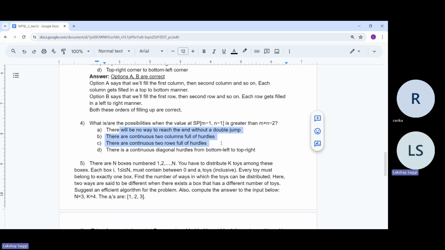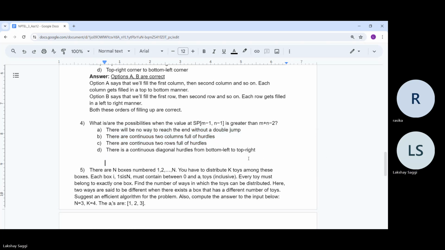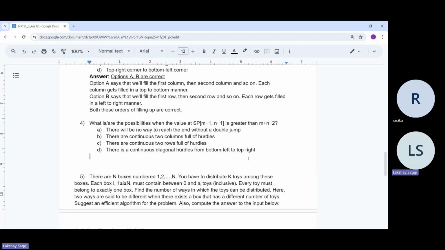So all these three options are correct, because of these three there will be no way. So maybe I should answer: options A, comma, B, comma, C are correct.